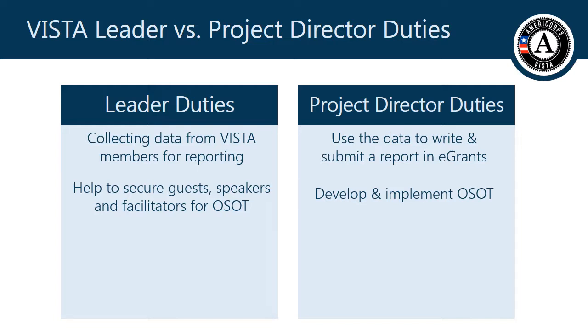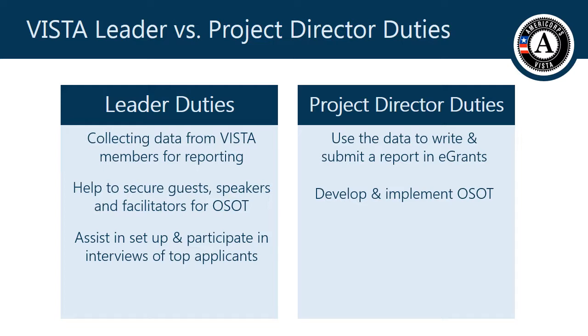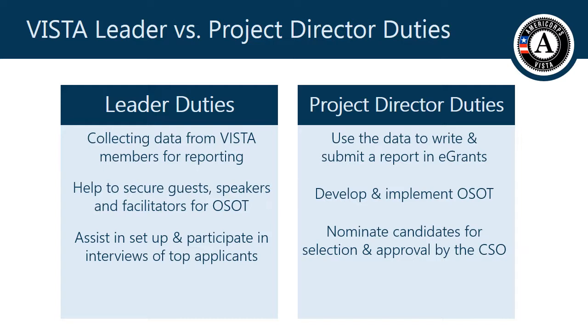During VISTA recruitment, VISTA leaders are allowed to assist in scheduling and participate in interviews of top applicants, while VISTA supervisors are the only ones who can nominate candidates for selection and approval by the CNCS State Office, also known as CSO.